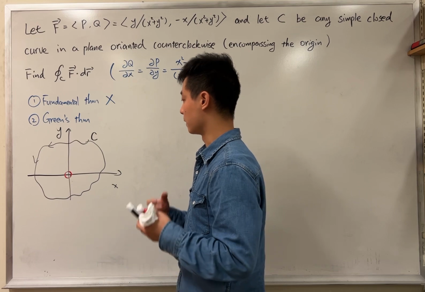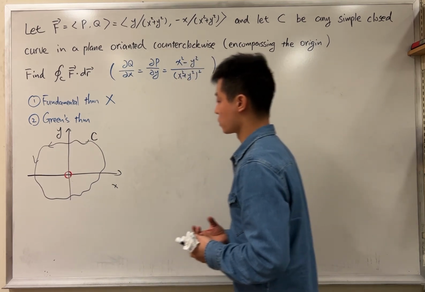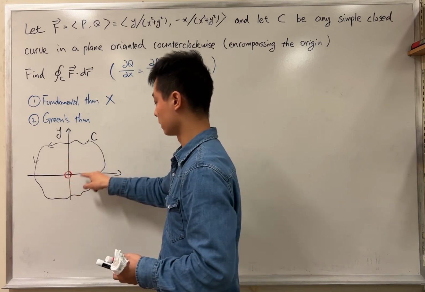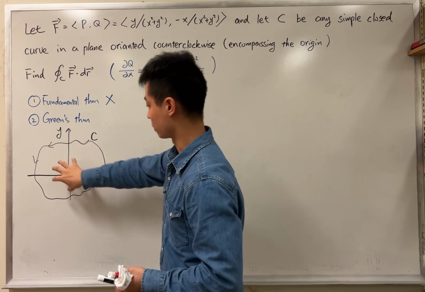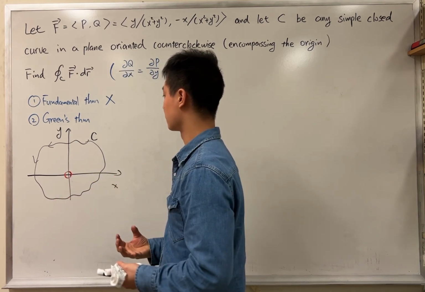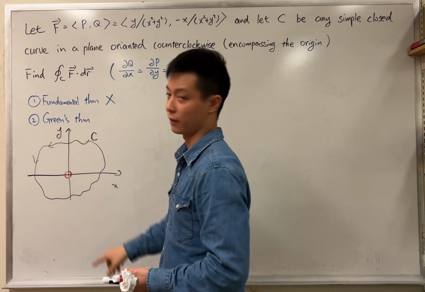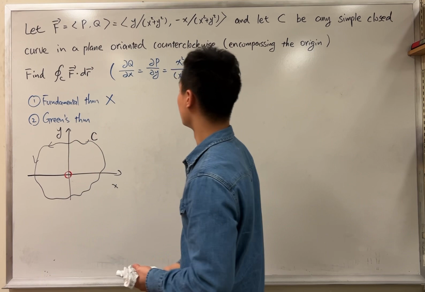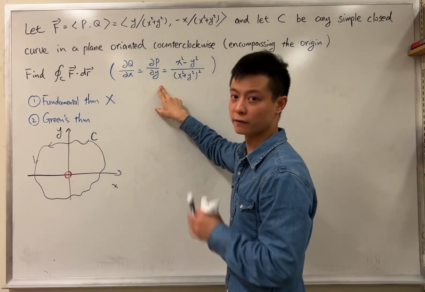So the idea here is that we're going to construct a simple curve to go around the origin, sort of cut it out, so that we can have a new region for us to use the Green's theorem, and over the new region, we can guarantee that both these partial derivatives are defined.